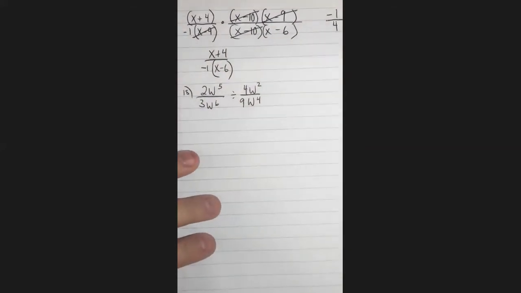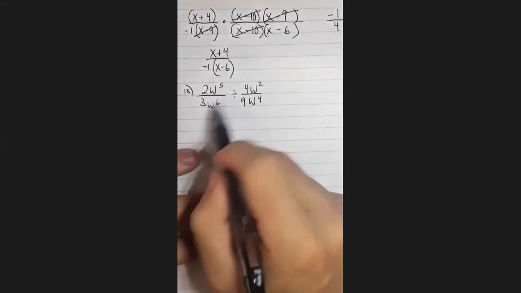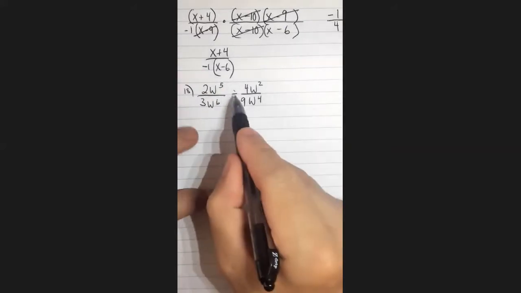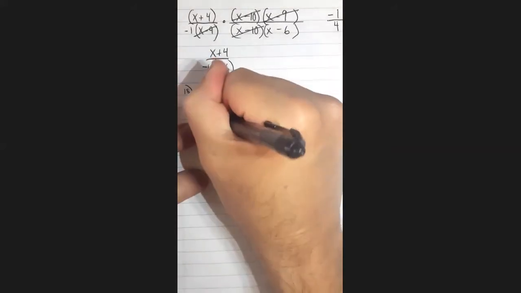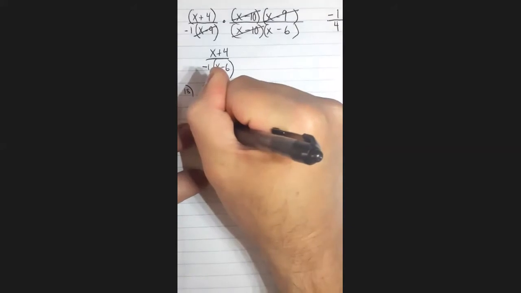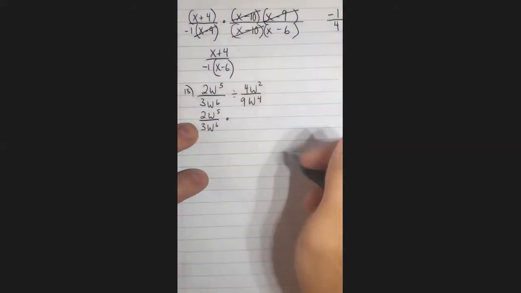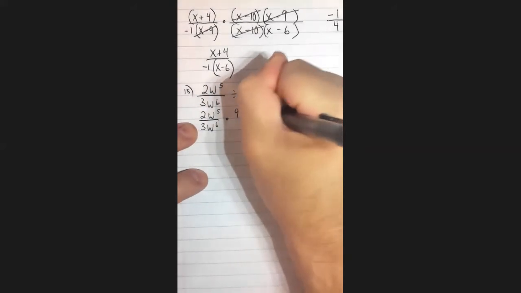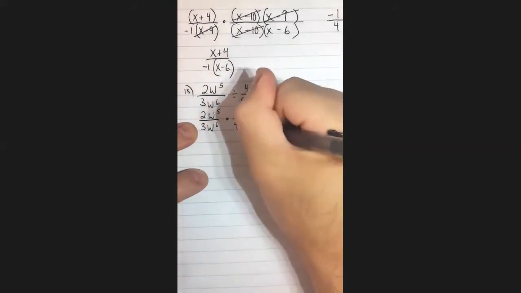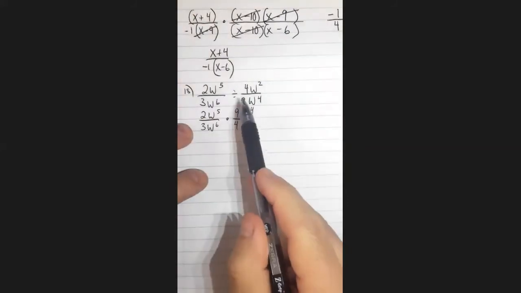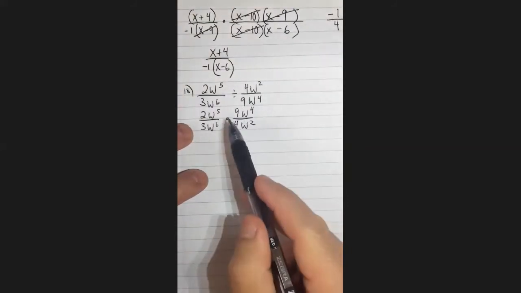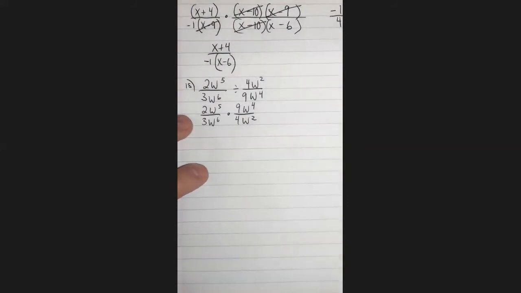So be real careful not to start canceling things out, even though you really can't the way this is set up. Remember, you have to change that to multiplying the inverse first. Always do that first before you start doing anything, because these problems may look one way, but once you change them to multiplication, they really look different.